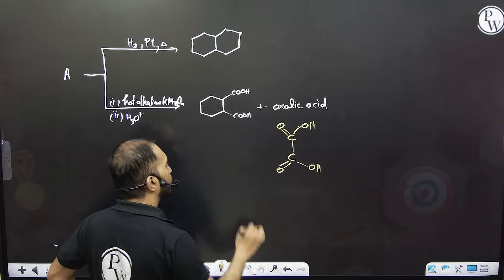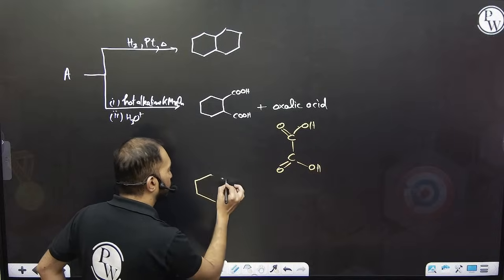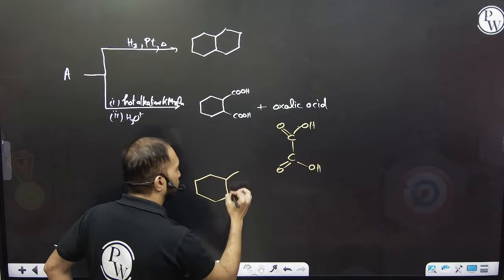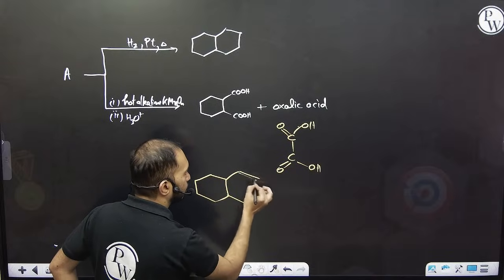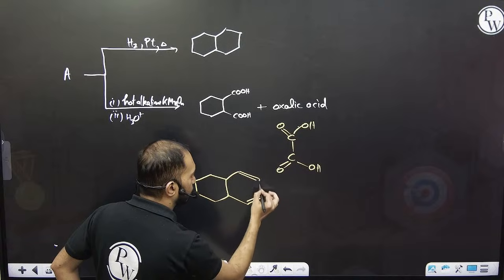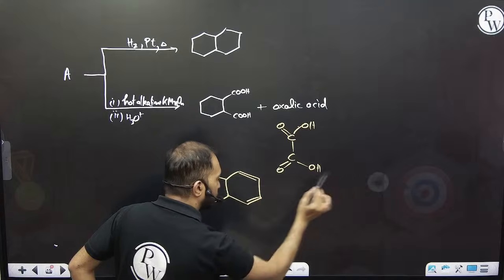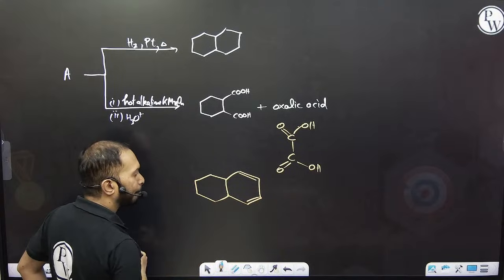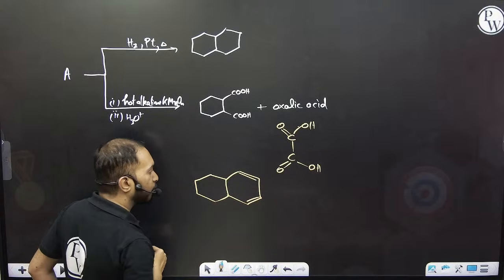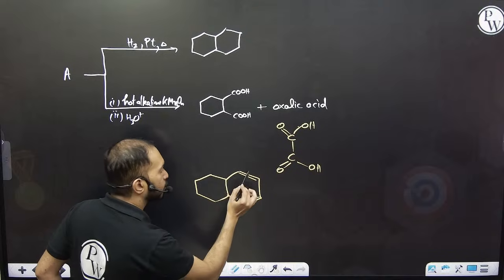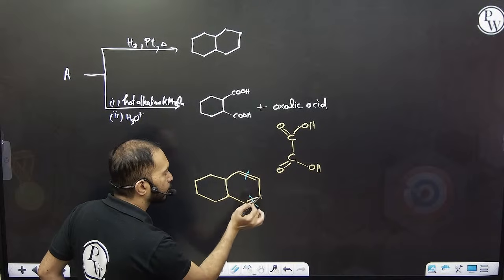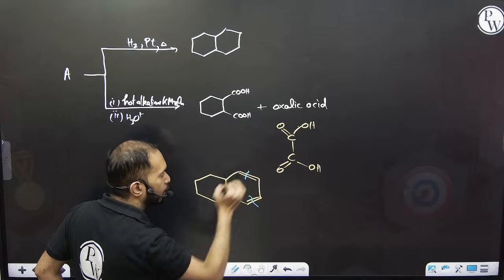So now if I make a compound something like this, cyclohexane, then here, then double bond, then like this, right? Now if you do this, the reaction of this compound with hot KMnO4 will do what? Oxidative ozonolysis. So break this bond. From this part you are going to get oxalic acid.